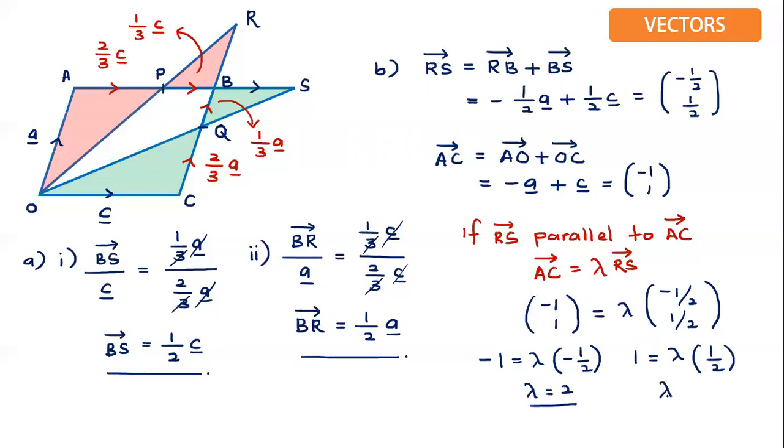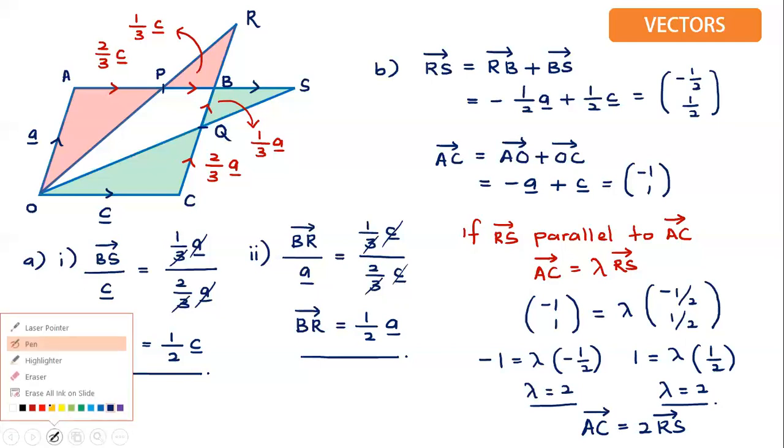Also lambda is 2. That means the lambda is equivalent to 2 on both sides. It's already proven that they are parallel. So I can write this formula again: AC equals to 2 RS. Once you can put them into one equation, it means that they are parallel.